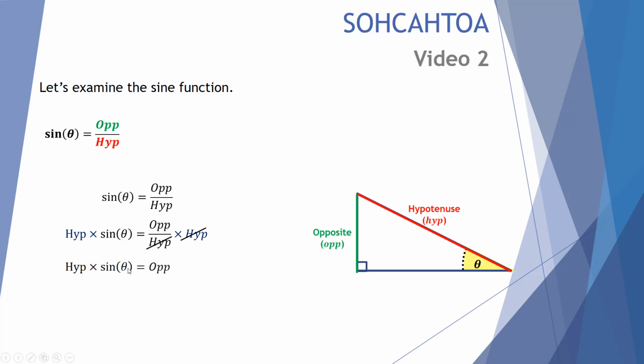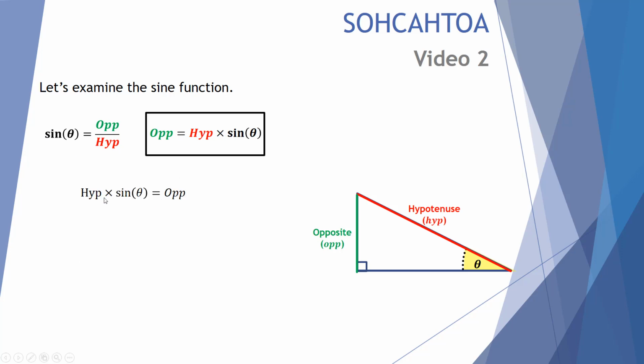Hypotenuse times the sine of the angle theta is equal to the opposite. Or, if we rearrange, the opposite side length, here represented by green, is equal to the hypotenuse side length in red, multiplied by the sine of the angle theta. So that mathematically is a derived equation from the sine relationship.